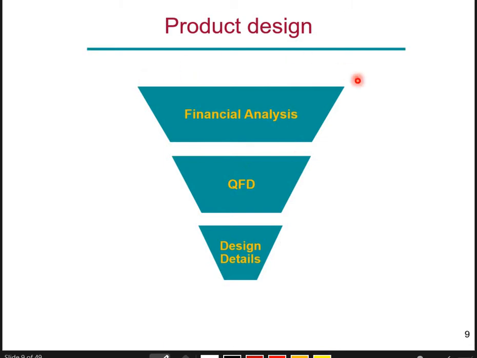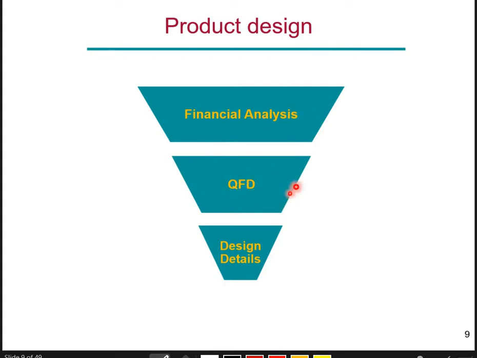So in product design, of course, everything starts with financial analysis in order to develop a new product or update a product. First, you need to do financial analysis to see if it is economically justifiable or not. And then you need to use the QFD method or benchmarking to identify the product characteristics.